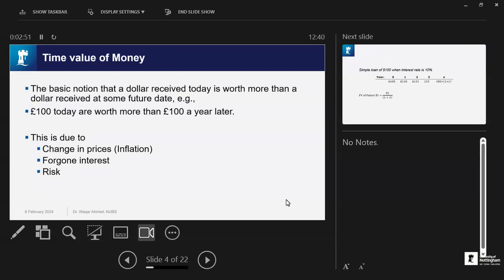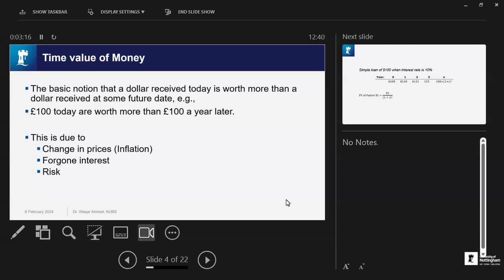Okay, so the basic valuation technique, right? What is the basic valuation technique? How do we determine the price of anything? What's the formula? Do you know the formula for that?